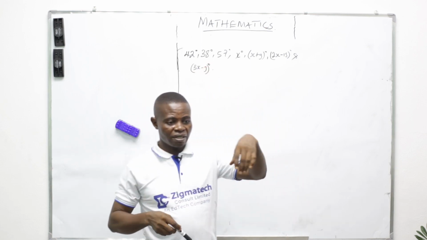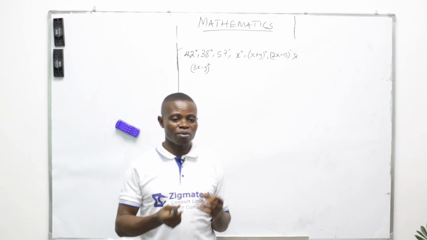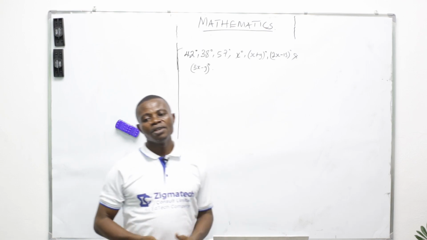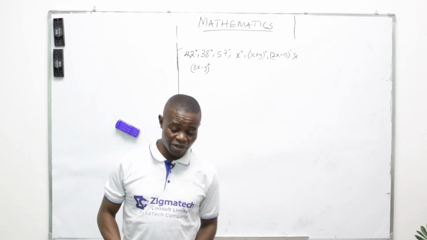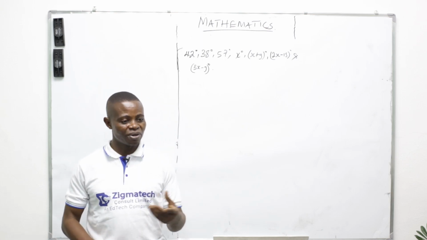If x is less than y, remember, this is a word problem. I know some of you run away from word problems. You can never run away from it. It's better, the earlier the better. Early to bed, early to rise.